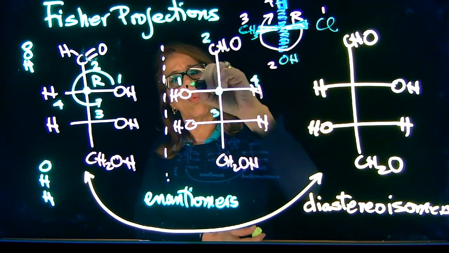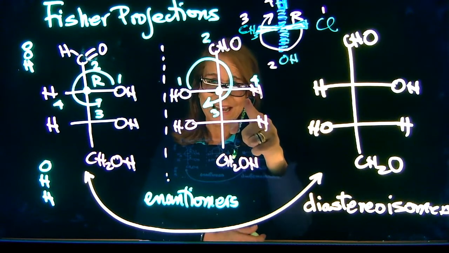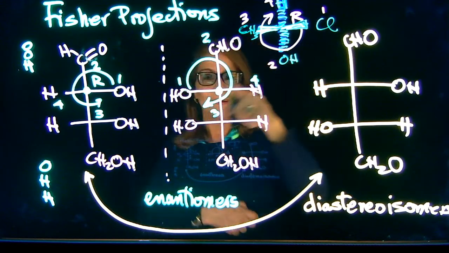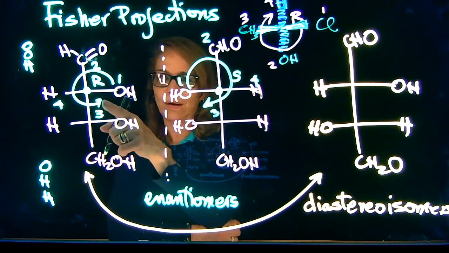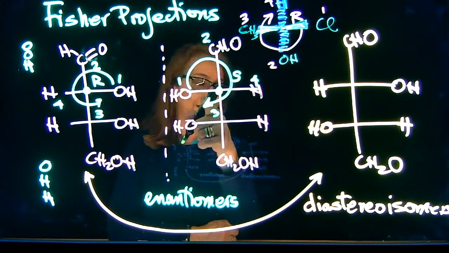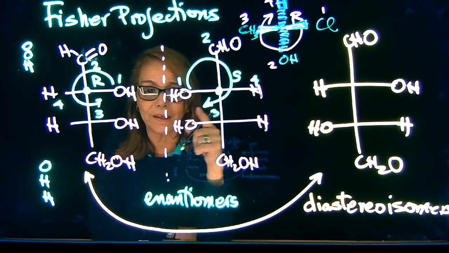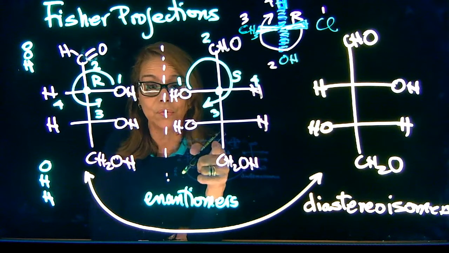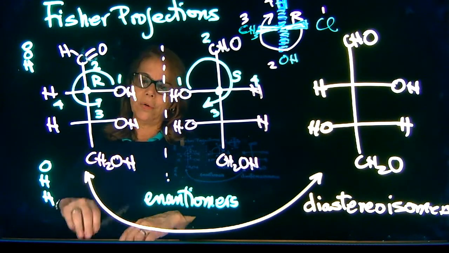And then I go 1, 2, and 3, it looks like R, but the hydrogen is on a wedge, again, it's in a horizontal line, so it will be S. And notice that the configuration at the chiral center is inverted, and that should be the case. Always in the enantiomers, the configurations are inverted, and it should be the case for the 2 chiral centers. So let's do the one below.